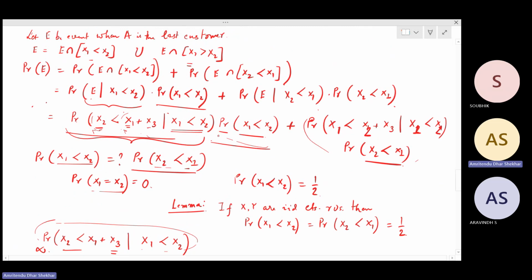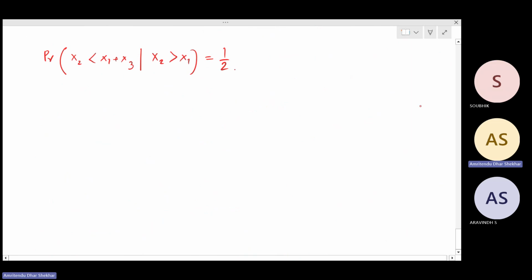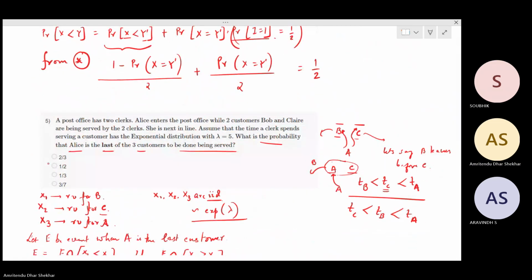And this is equal to half again, because they're IID random variables. So it's half times half, so it's 1/4. And this summand is by symmetry equal to this summand, so this is also equal to 1/4. And therefore you get the final answer is equal to half. So half is the final answer.